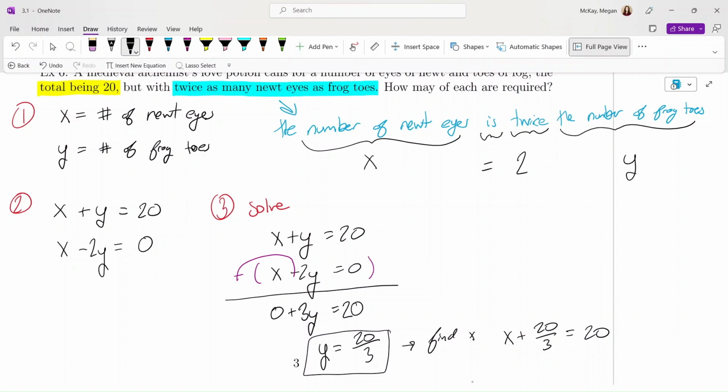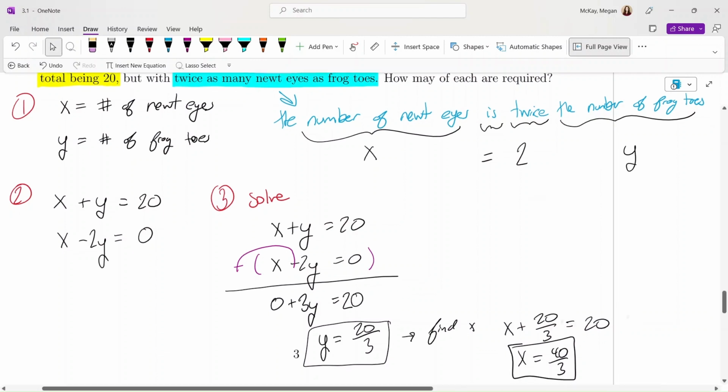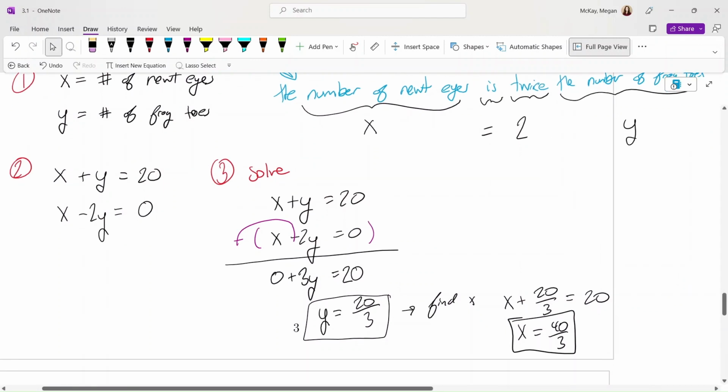And if we go ahead and subtract 20 over 3 from both sides, that gives us x is equal to 40 over 3. And again, you could write these in decimals or make sure you leave it in fraction form for any online homework system that requires an exact answer.